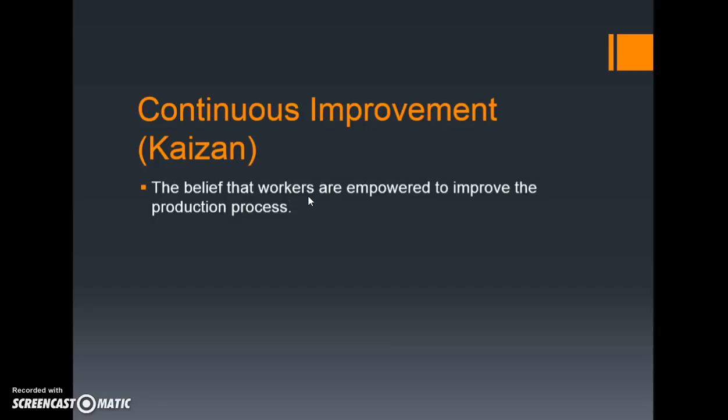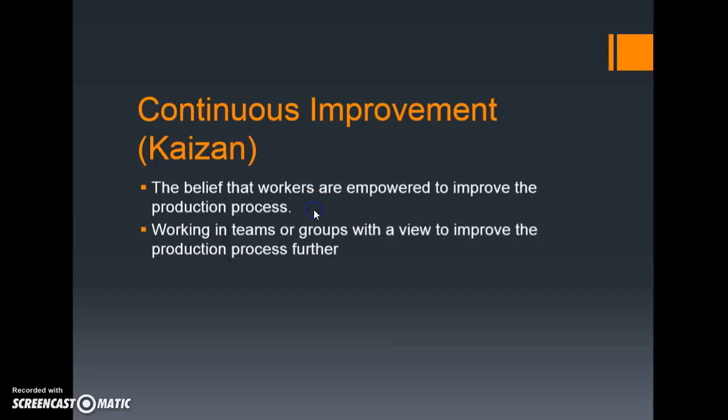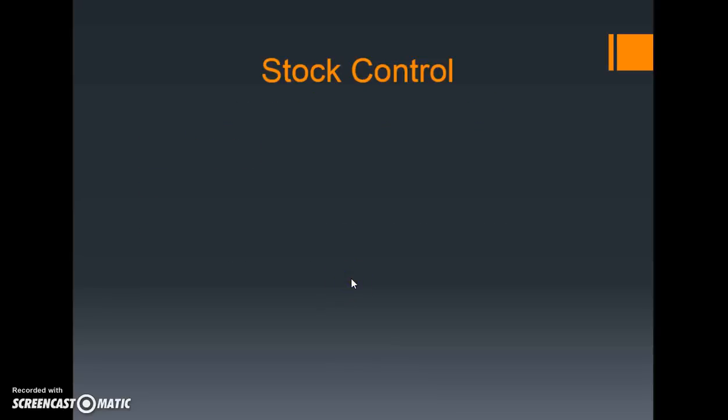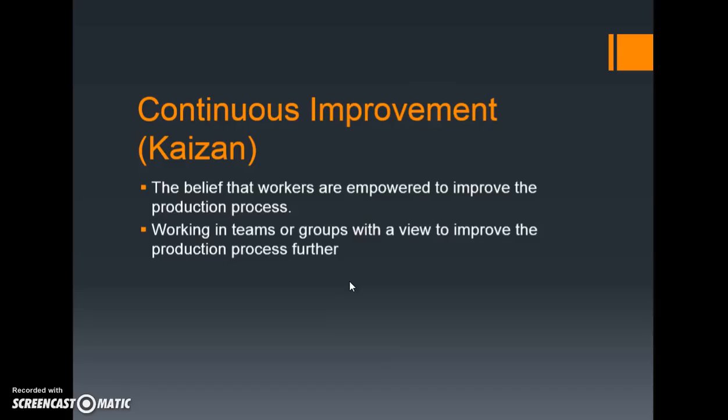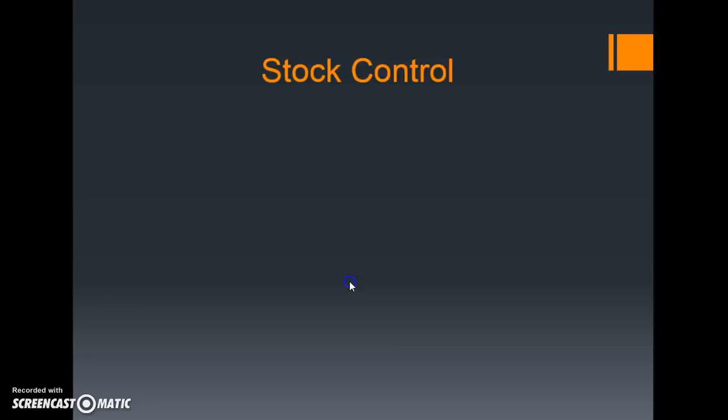They are the ones who can recognise the most efficient, most effective way to deliver that production. And in that, they get responsibility to work in teams or groups with the whole idea of improving the production process further. This is also motivational, to give delegation and responsibility to those workers who traditionally in the hierarchy probably wouldn't come across that sort of responsibility.